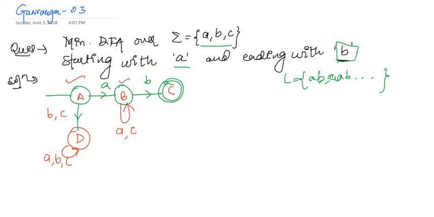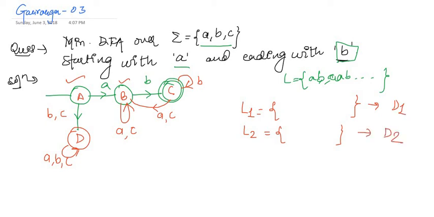For transition for C, if at the end B comes, we will accept, no problem, but if A or C comes, we will wait till the time B comes again. We can also make this by writing language L1 as we have done in a previous video, and then L2, and for that we will make deterministic finite automata D1, and for that D2, and we will try to concatenate both the DFAs to get our final DFA.